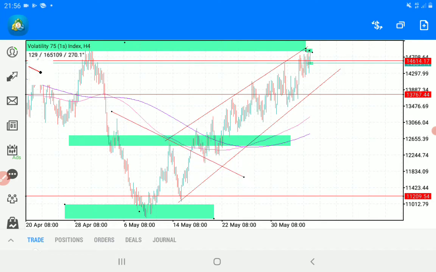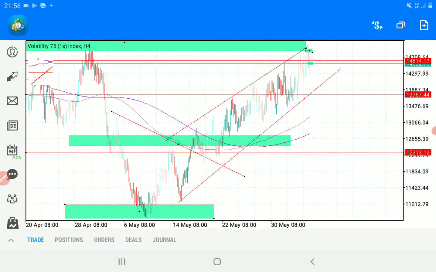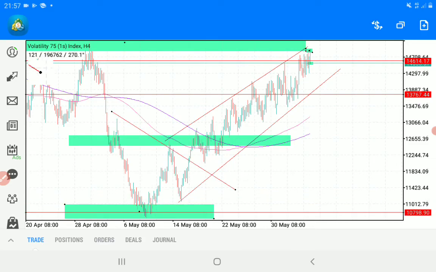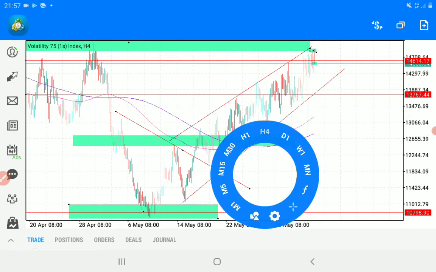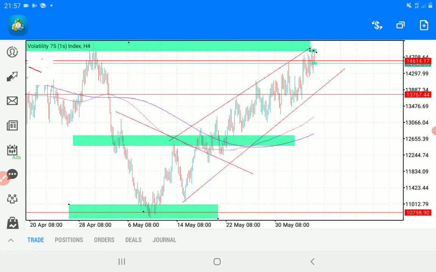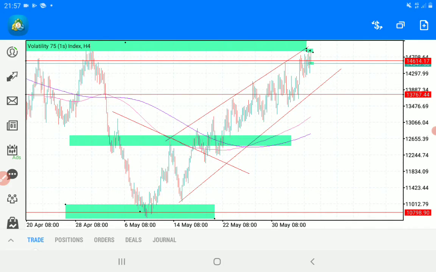So you can actually look at that pattern there and then know that, okay, I can actually enter the market right there, somewhere there you can actually enter your market, right?